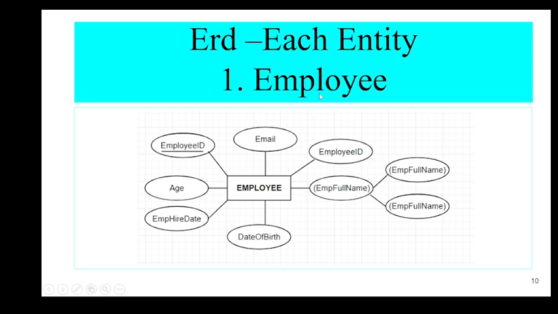Beginning from the employee entity, we have the employee entity represented enclosed in a rectangle. We have employee ID, which is the primary key, underlined, so it will be the primary key of the table. The other attributes are listed in the oval shape.